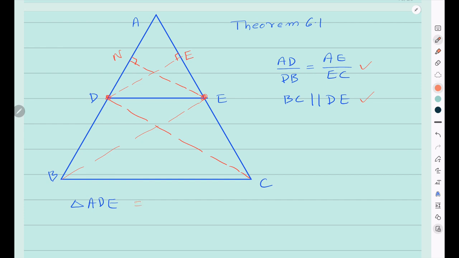The area of the triangle is half into base into height. This is why we have made the perpendicular NE here, so that we can utilize it in the area formula. So half into what is the base? Let us assume that AD is the base, and then what will be the height? What is perpendicular from AD? It is NE or EN. So this will be the area of triangle ADE.